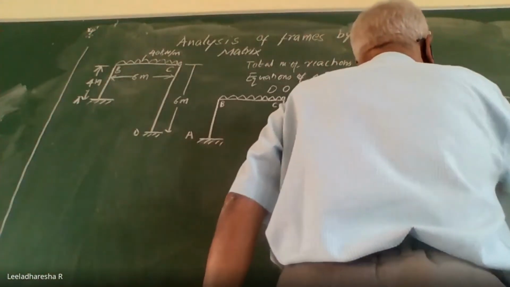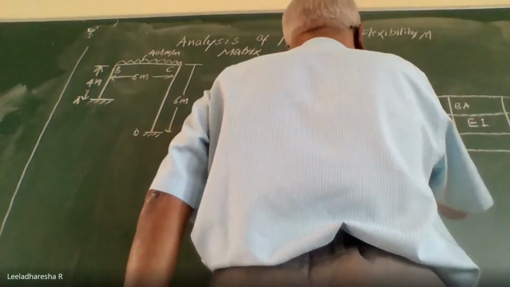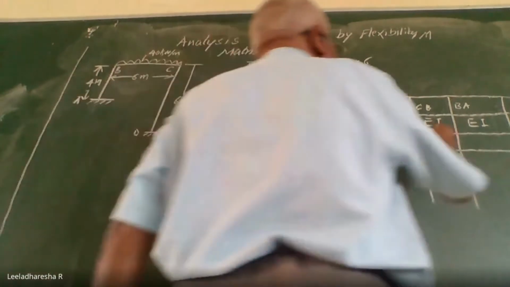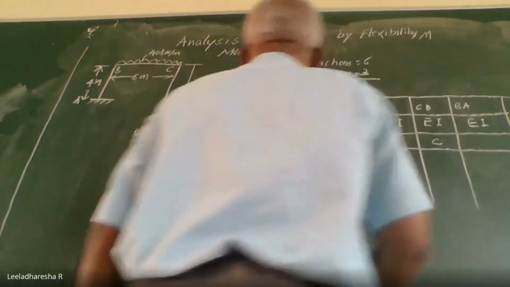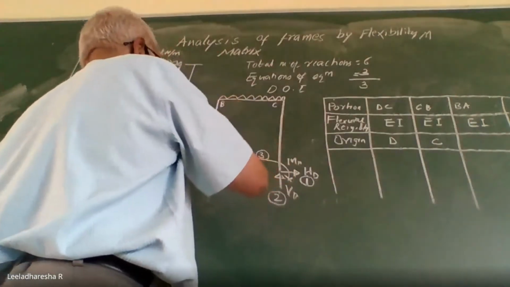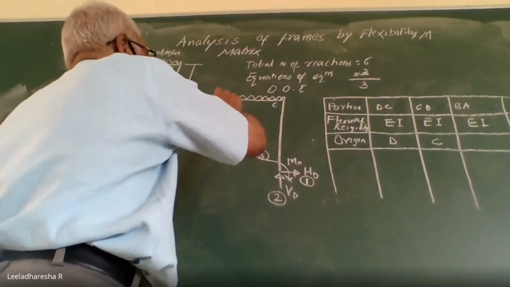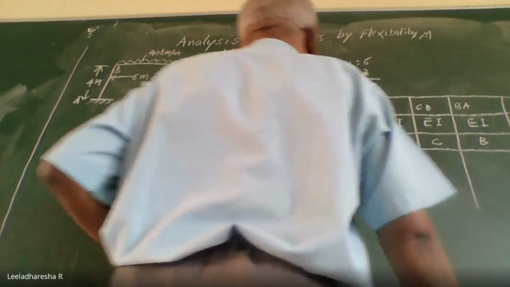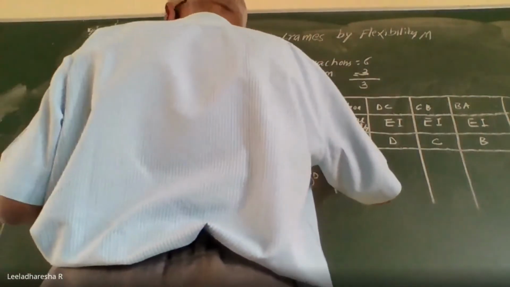For the second portion, I am considering C as the origin. Then for the third portion, BA, I am considering B as the origin. So, this row is also complete.